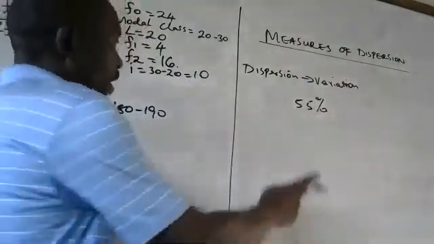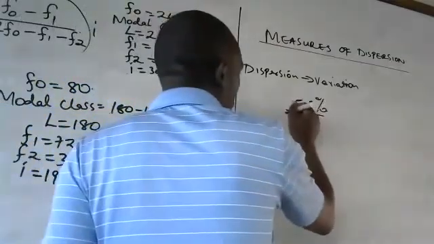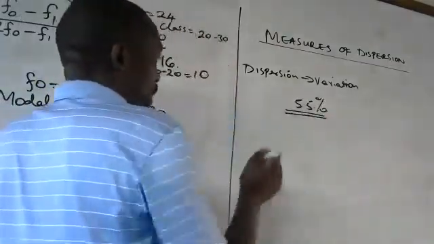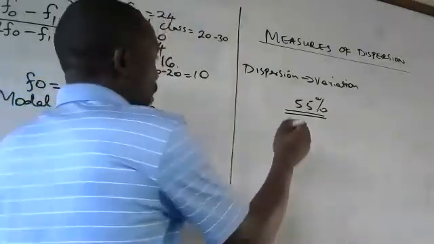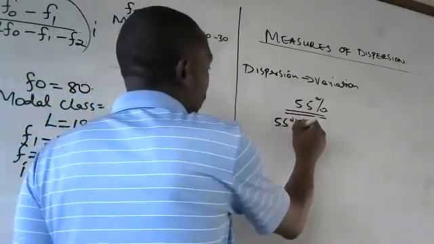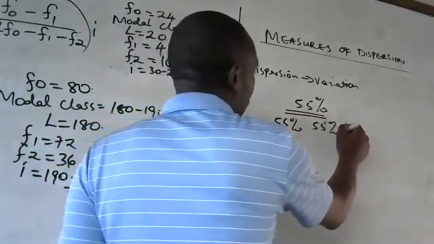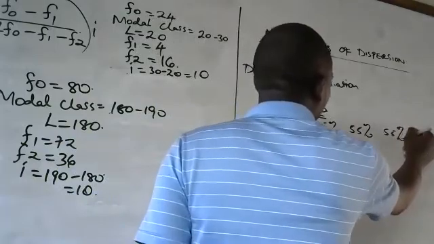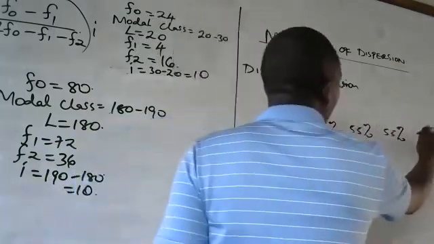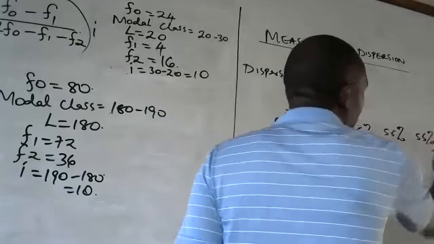So you can find that this is the mean score, 55%, and maybe there were only 5 candidates, and they all scored 55%: 1, 2, 3, 4, and the fifth one also scored 55%.